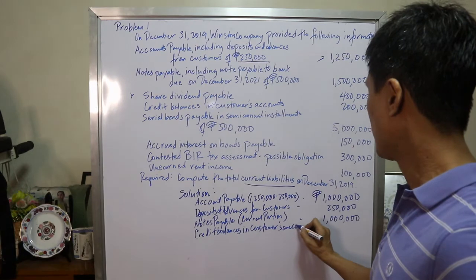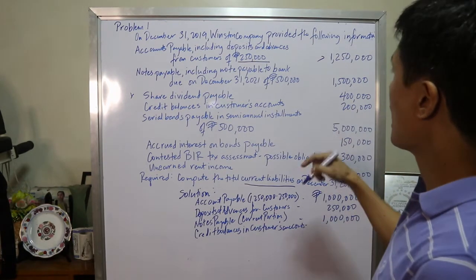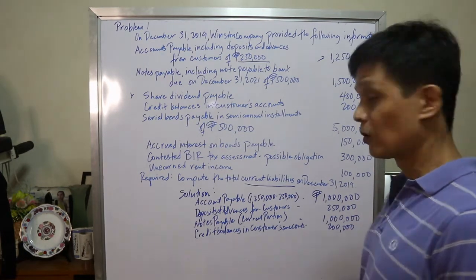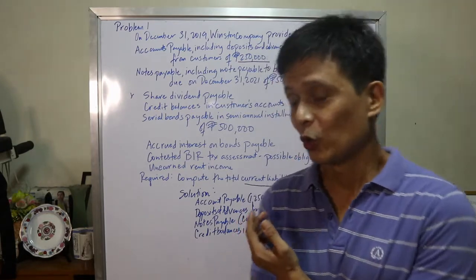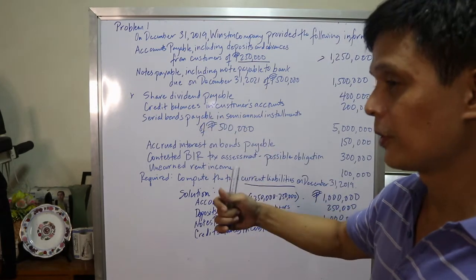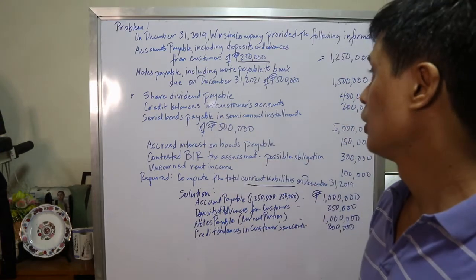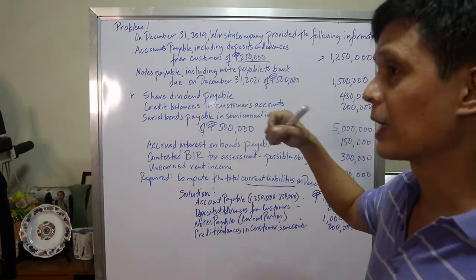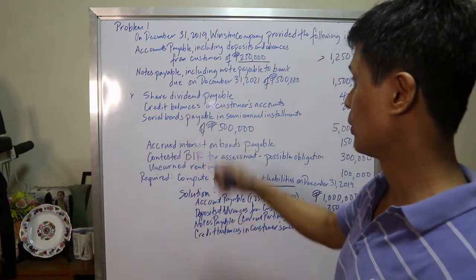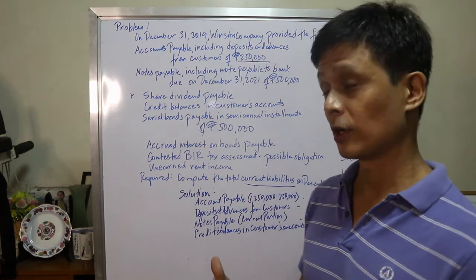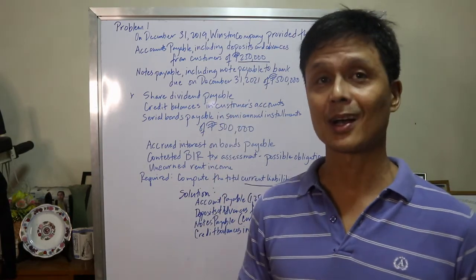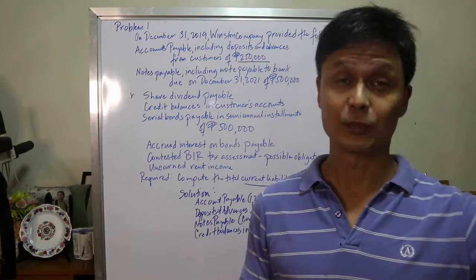Itong credit balance in customer's account, ito yung nasosobrahan yung pag-remit ng customer sa AR, kaya malaki yung credit balance, kasi normally the normal balance of accounts receivable or the customer's account is debit because this is part of the asset.